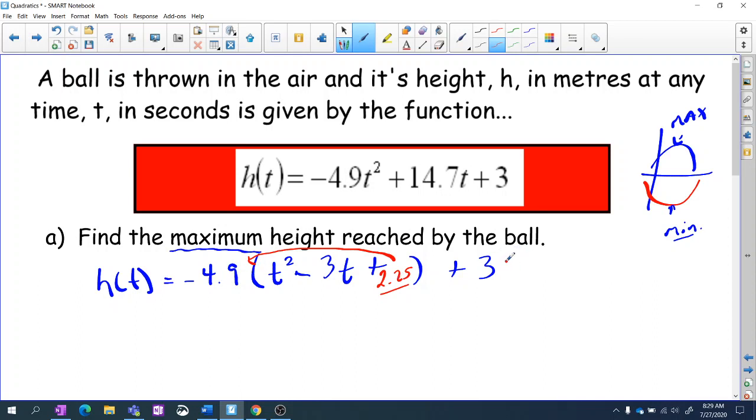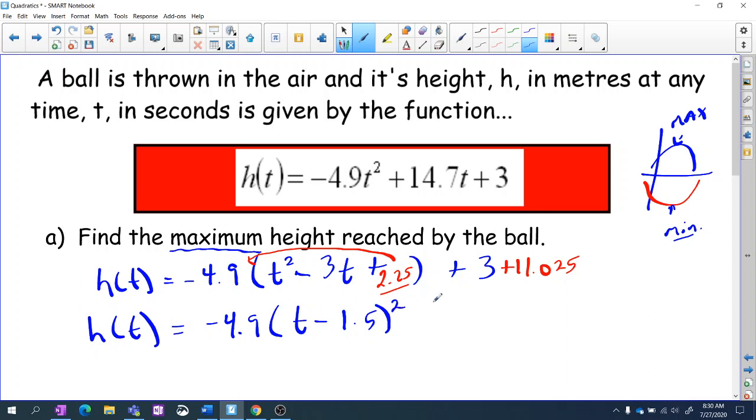So to offset that, at the end, I'm going to add 11.025, which will give us a net change of 0 on that right side of the equal sign. So now my height at any time t is negative 4.9 times (t minus 1.5) squared, plus 14.025.